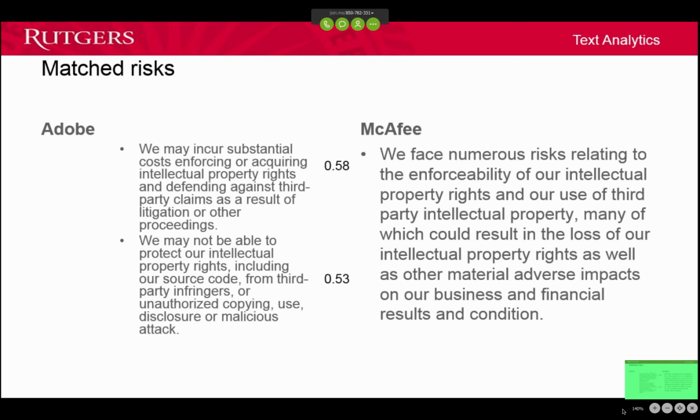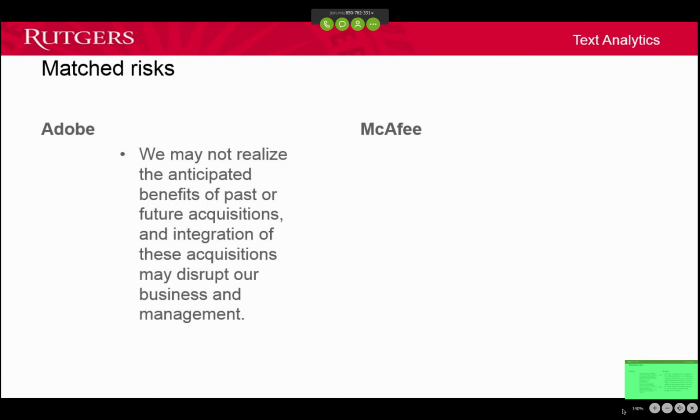And then another one about not being able to protect intellectual property rights. We face numerous risks relating to the enforceability of our intellectual property rights and our use of third-party intellectual property, many of which could result in the loss of our intellectual property rights as well as other material adverse impacts and so on. So yeah, it worked.